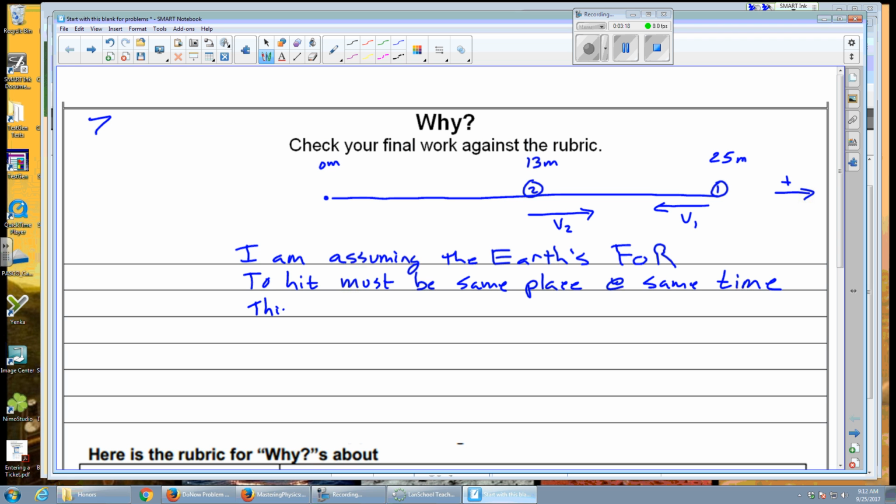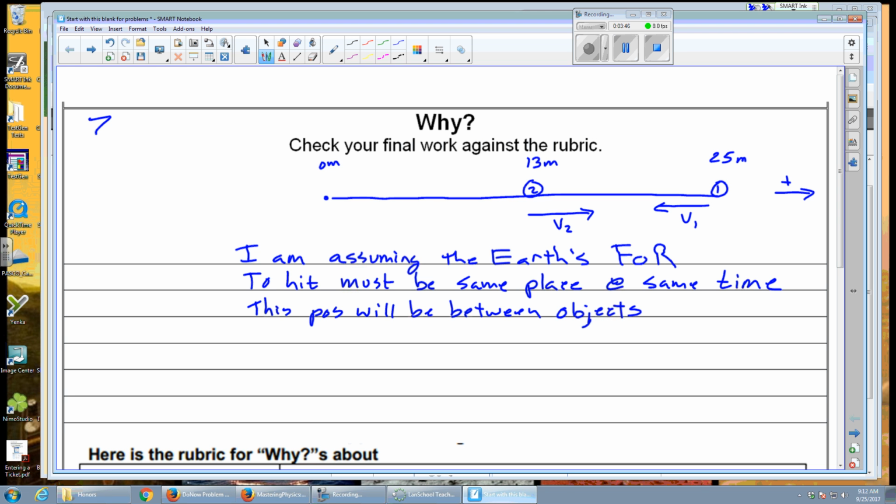I'm going to show that I understand this position will be between the objects. What do they call them? Objects. Because if 13 was going the other way, then it would be somewhere out, not between them.